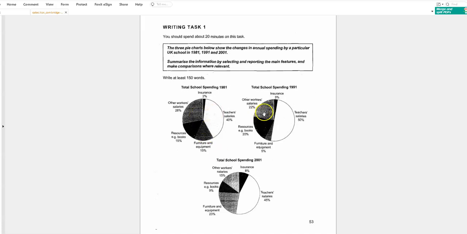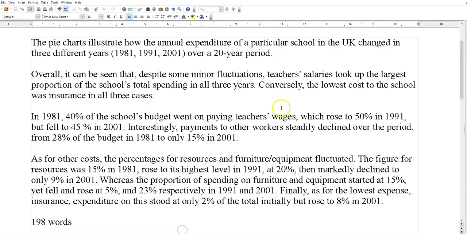And you've got other workers' wages, so you could probably group the salaries if you wish. You can say the salaries, including teachers and other workers, was the highest expense. That would be perfectly legitimate. But for mine, I just said, despite some fluctuations, that's the biggest, and the smallest was insurance.